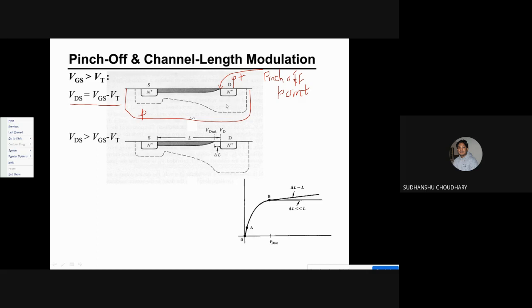So to maintain the charge neutrality, the channel charges will be reduced from the drain side, not from the source side. So this can be understood this way also. That is why the channel is pinched off, because the depletion region under the drain is increasing. So to maintain charge neutrality, one has to reduce the charges from the channel towards the drain side, not from the source side, because the depletion region from the drain side is increasing.